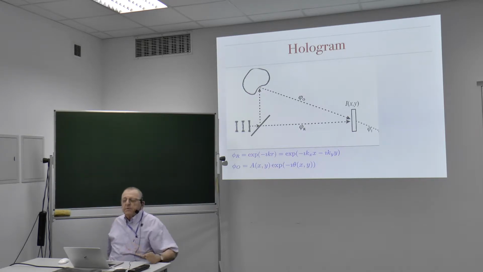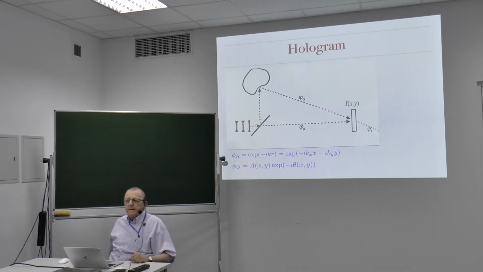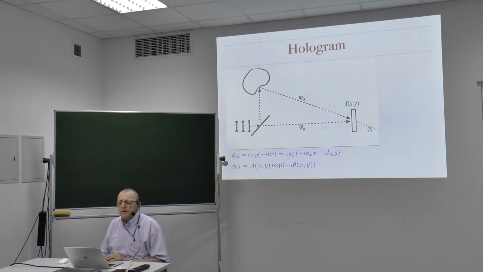So what happens with the beam which scatters from the object? Well, it will have a certain amplitude, A, and a certain phase, and this amplitude and phase carry the information about the properties of the object.